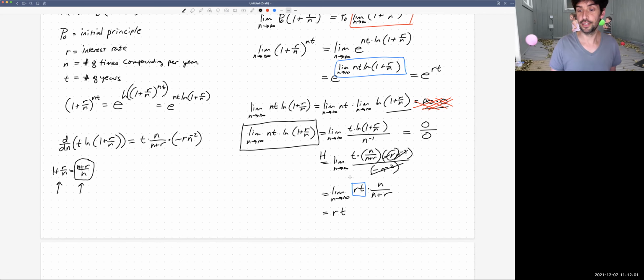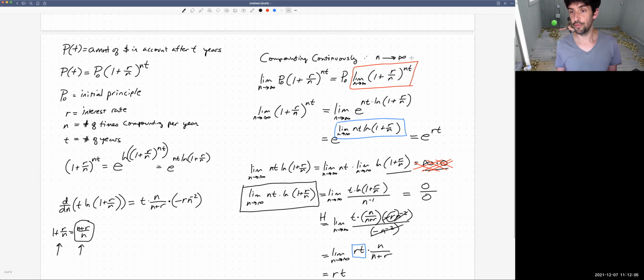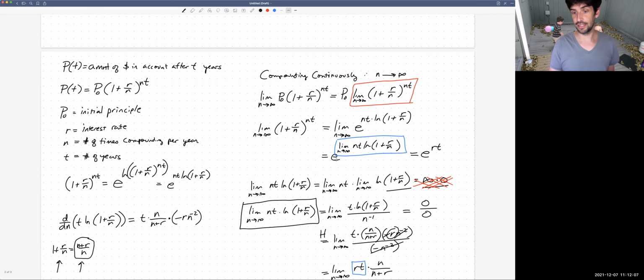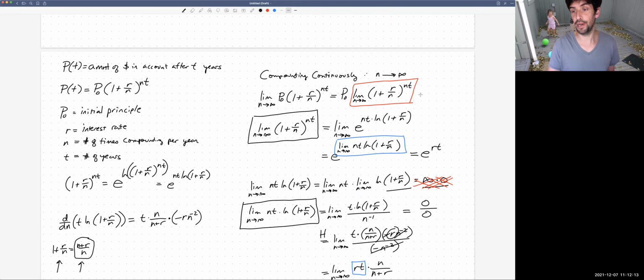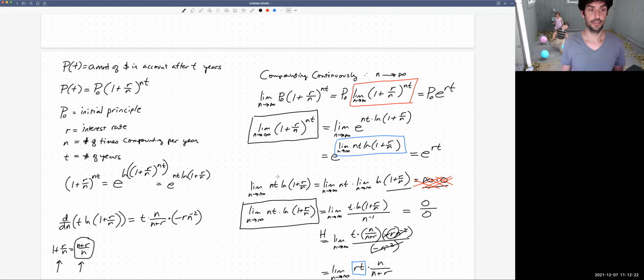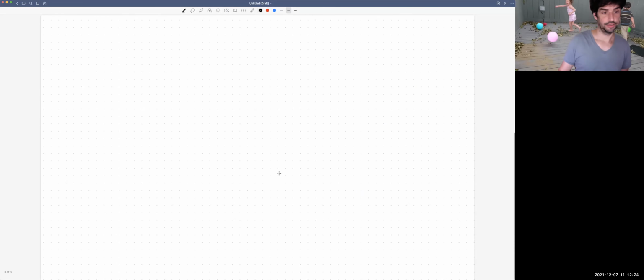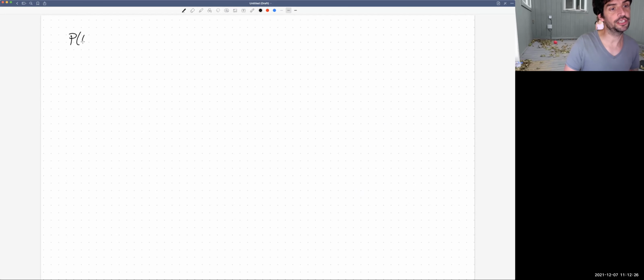So that thing that we just found to be rt now goes in there. Now moving back up, this e to the rt was the answer to this question, which is everything in the red box. And so we have our P naught, and the red box is replaced with e to the rt.